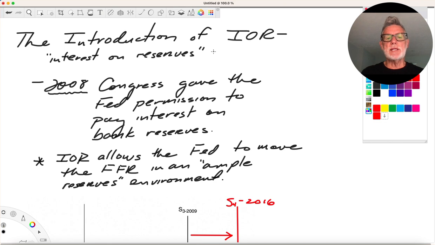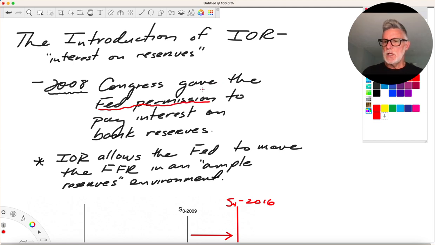Remember, Congress created the Fed, and the Fed's practices, its mandate, is dictated by Congress. So Congress has to give the Fed permission to do such things. And in fact, in 2008, Congress did give the Fed permission to pay interest on reserves.